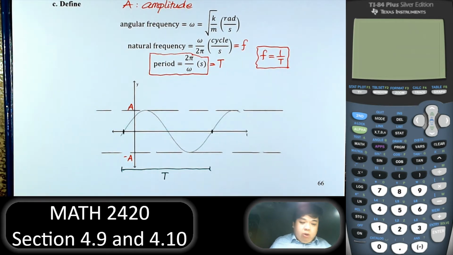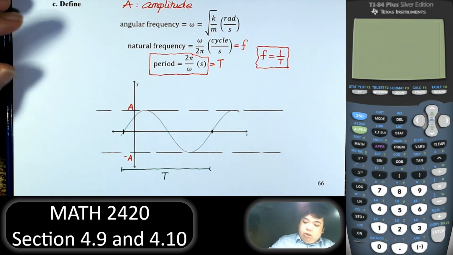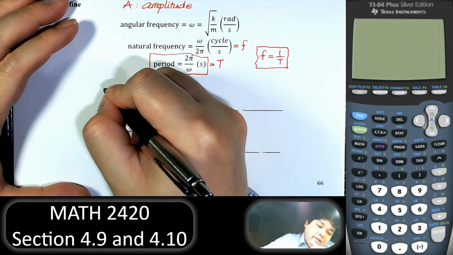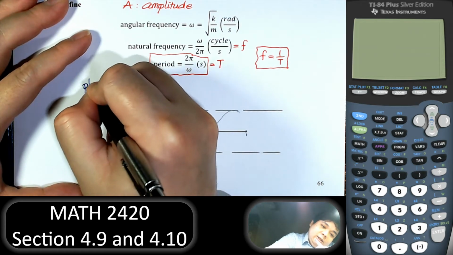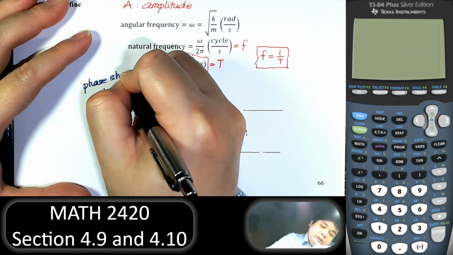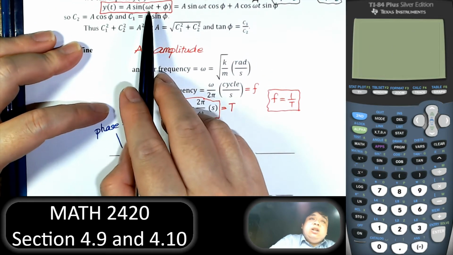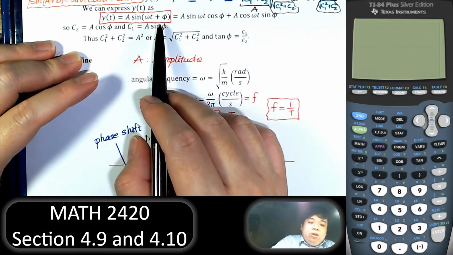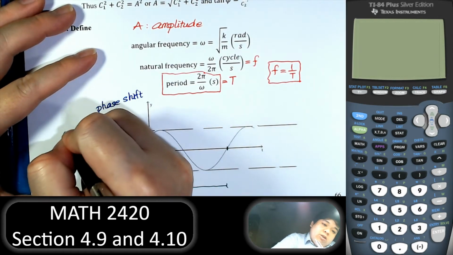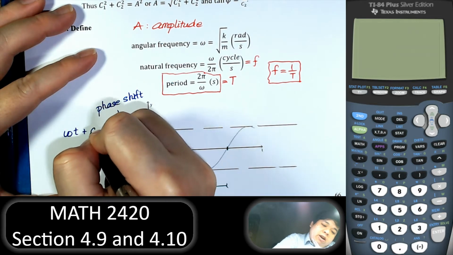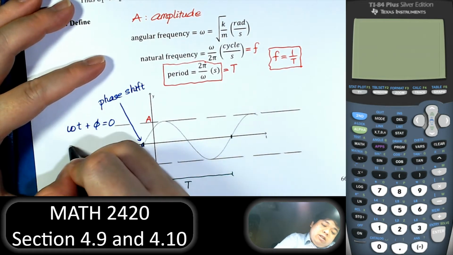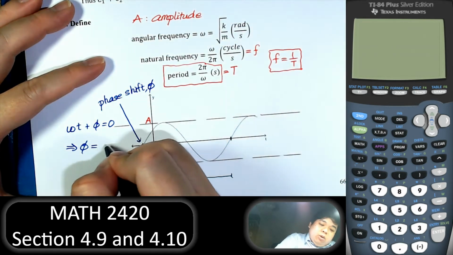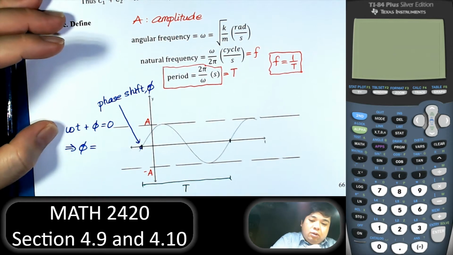And then the graph will start at this point, which we define to be a phase shift. A phase shift is easy. If the equation is sine of omega t plus phi, we're going to let that equal to 0. So we're just going to let omega t plus phi equal to 0. So the phase shift is, sorry, the phase shift is not phi.